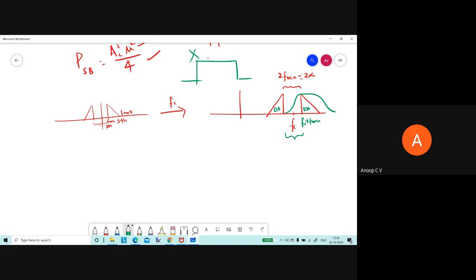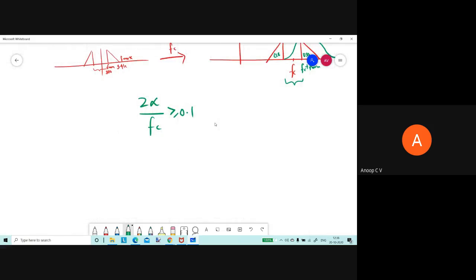As a rule of thumb, I can write 2 alpha by fc should always be greater than or equal to 0.1. In the case of SSB, alpha is equal to f min. I told you it is equal to 300 hertz or 0.3 kilohertz.